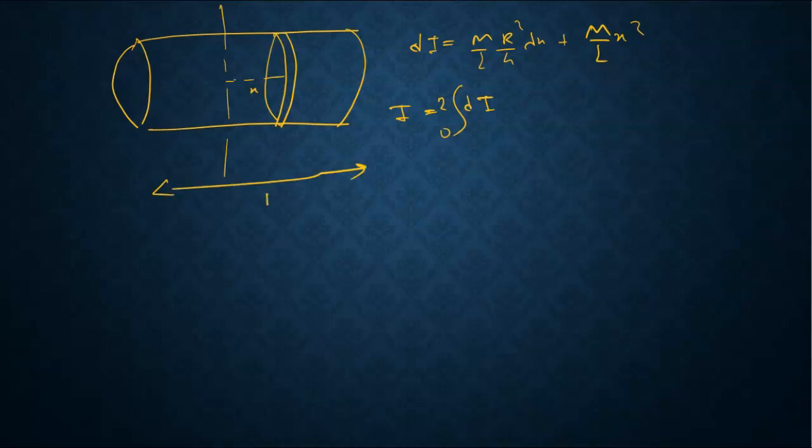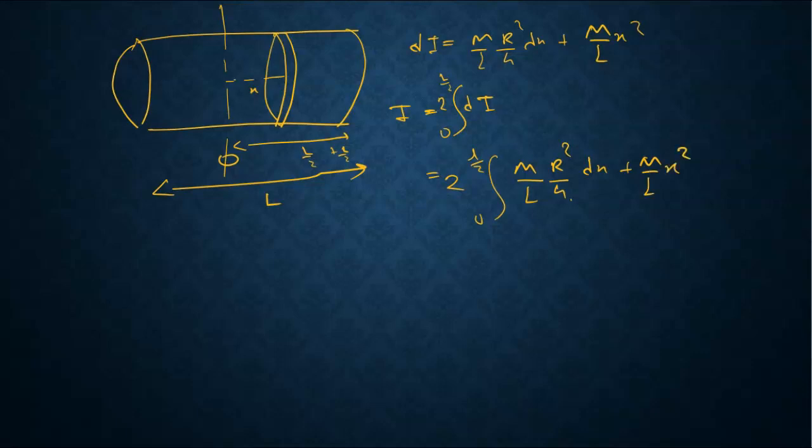This is L distance, so this distance is L by 2, so we will integrate over 0 to L by 2 and multiply by 2, so that I equals 2 into the integration from 0 to L by 2 of m by L r square by 4 dx plus m by L x square dx.